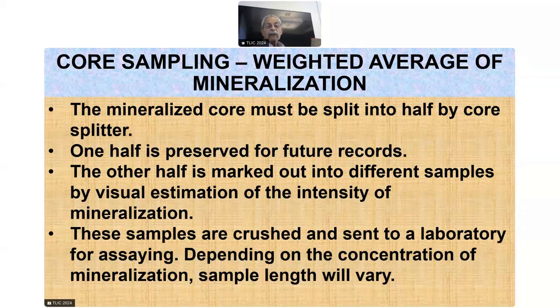So the mineralized core must be split. I'm looking at the core. There are various mineralized zones. Based on the observation, this is unmineralized rock, and these are the various mineralizations. By looking at it, I see that this is one grade, just like patches of chalcopyrite.